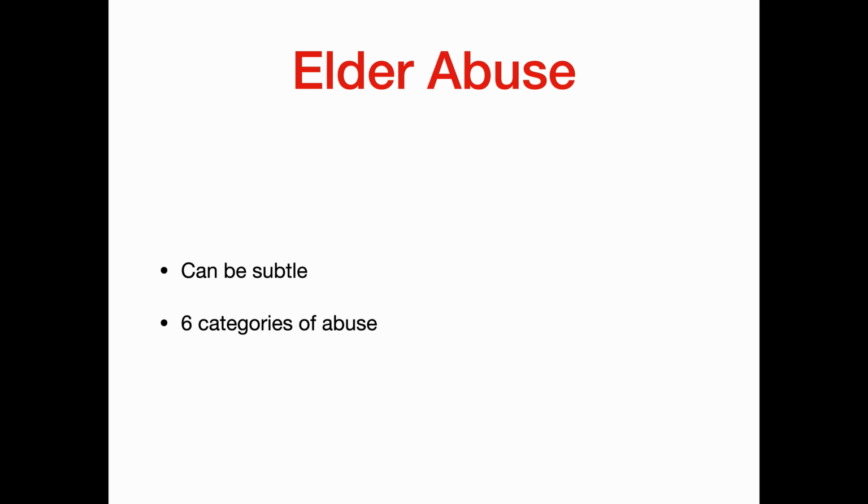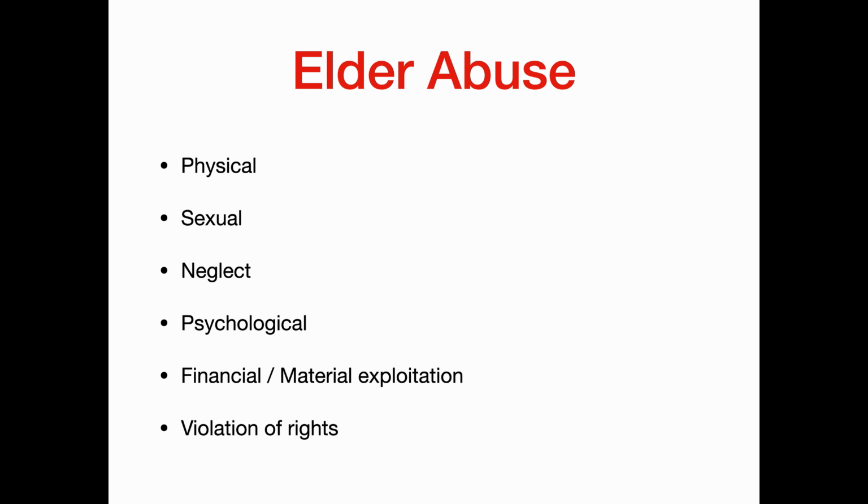Elder abuse is a real thing. It can be really subtle, and it does follow the same rough types of patterns as you would see in toddlers and young folk. So it falls into any of these 6 categories: physical, sexual, neglect, psychological, financial, violation of rights.